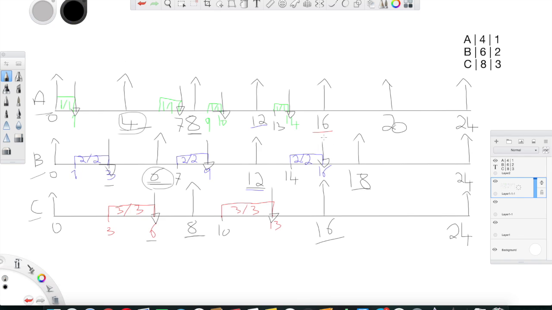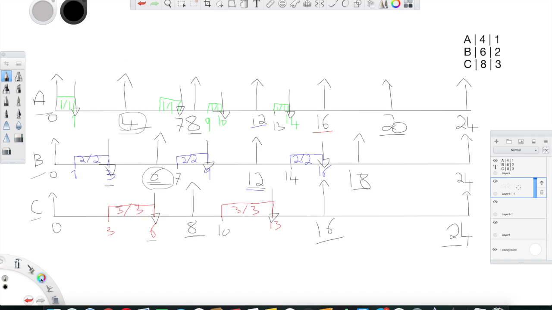Okay? So at clock tick 16, 2 tasks returned back to the system, task A and task C. So actually, we will check their deadlines. Task A has a deadline at 20, and task C has a deadline at 24. So the scheduling algorithm will choose the nearest deadline, which is 20.